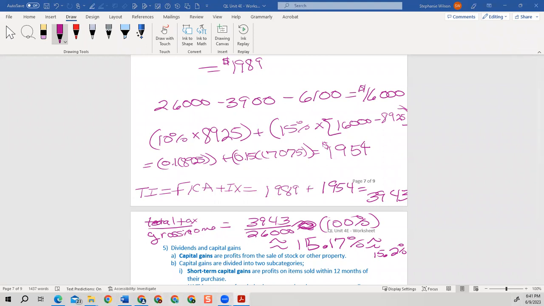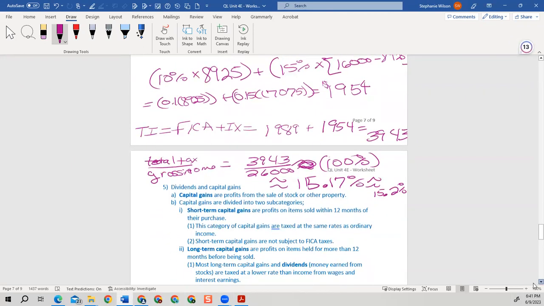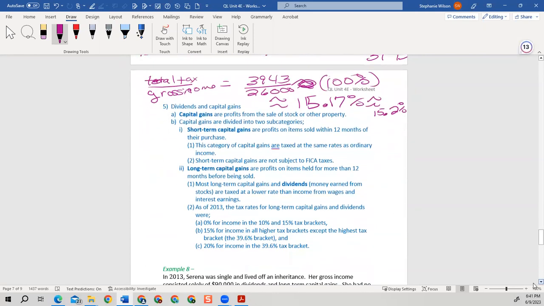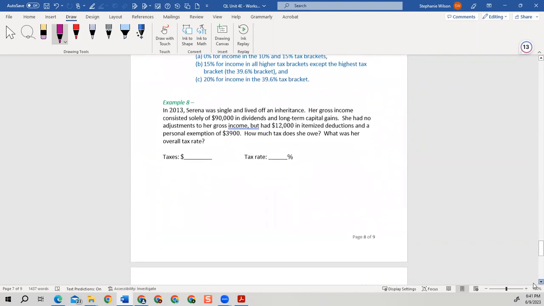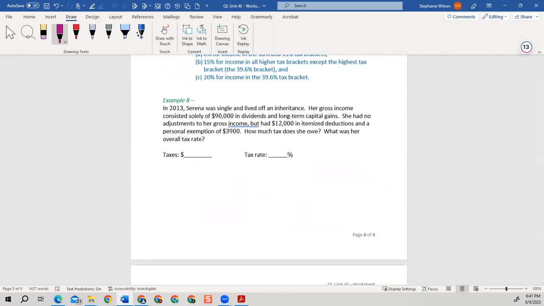Okay. And I feel like you could do the next one on your own. You want to read this information and pause it. You're going to just do the tax, exactly what we did on the previous one.